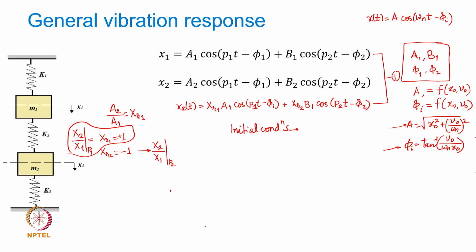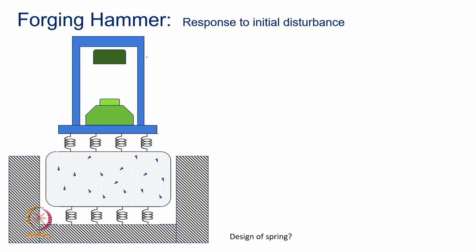Okay, now we take this example of a forging hammer. We discussed this as an example of a 2 degree of freedom system in the introductory lecture, wherein a hammer or a top drops from a certain height suddenly on the workpiece here. So, this is a workpiece, and when the hammer drops on it, the workpiece gets forged.